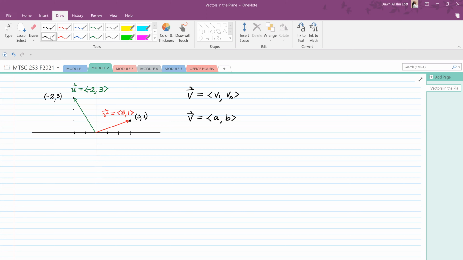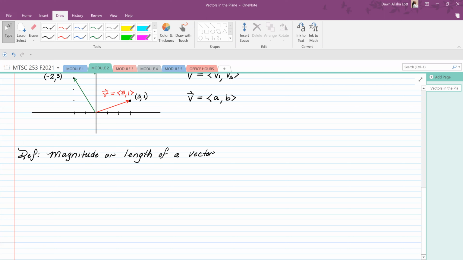All right, so let's define the magnitude or length of a vector. Well, that's actually not too hard to figure out.